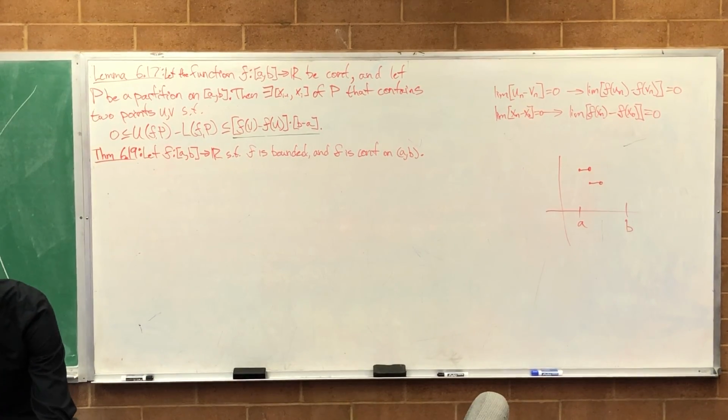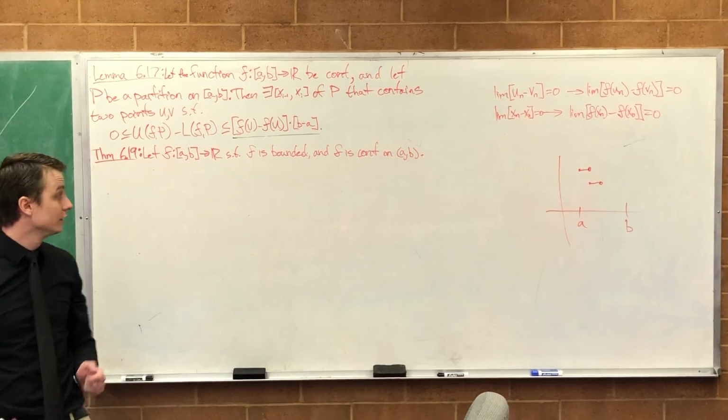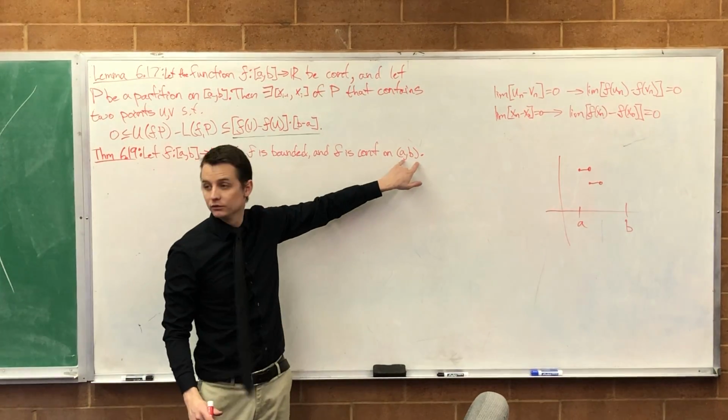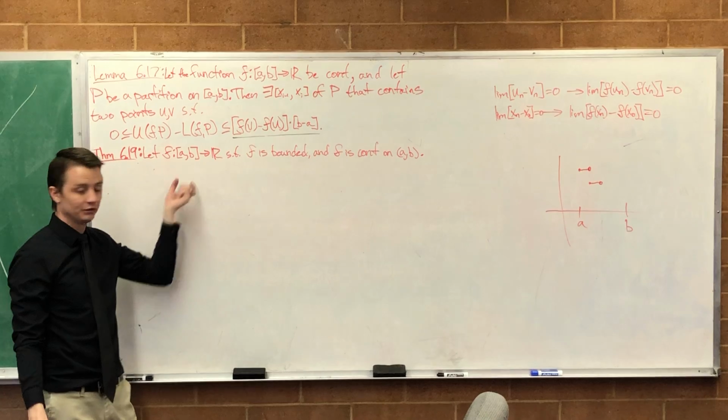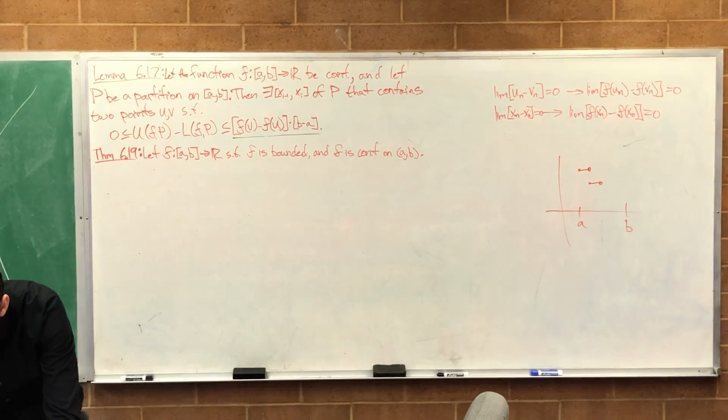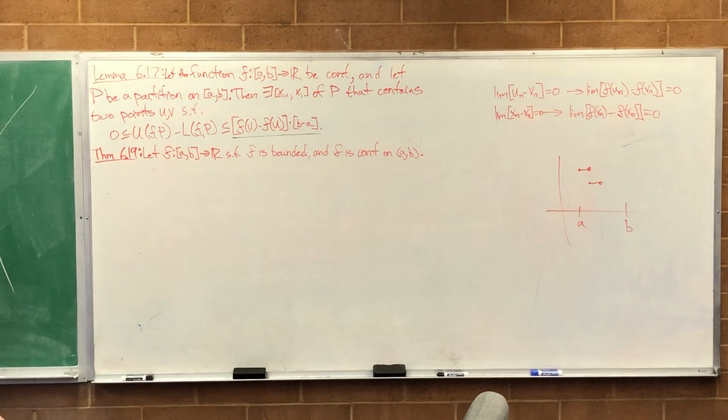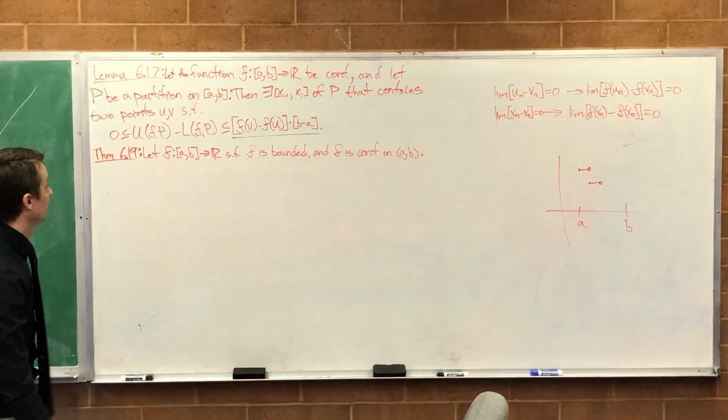So it's bounded overall, and we only know that it's continuous on this interior interval, might not be continuous at the two endpoints. Then f is integrable on [a,b], and the value of the integral does not depend on the values of f at the endpoints of the interval. Okay, that's kind of a weird one.